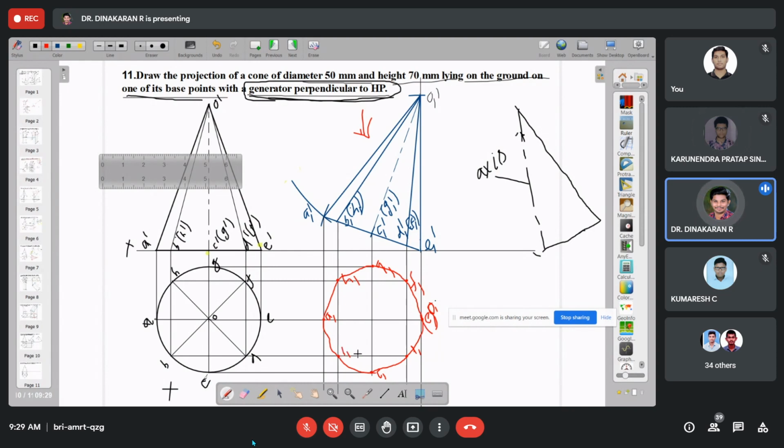So B1 to O1 is coming on the circle itself. If you connect this, then inside there will not be a generator; only the outside generator will come. G1 to O1 or C1 to O1, if I connect like this, how will the generator come inside? So just draw a circle.